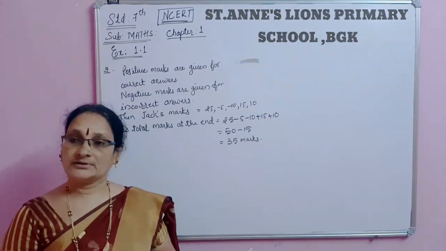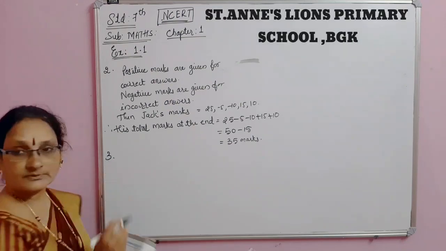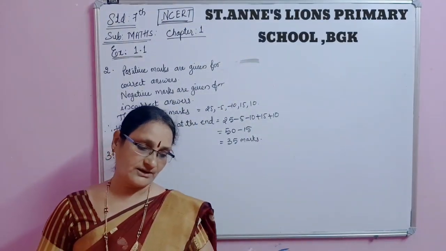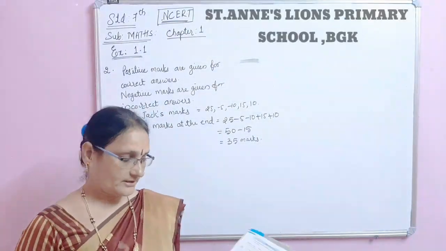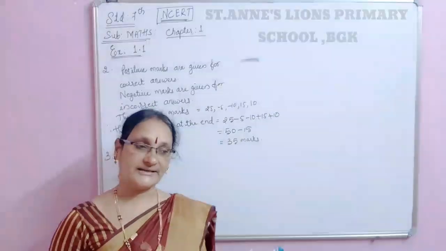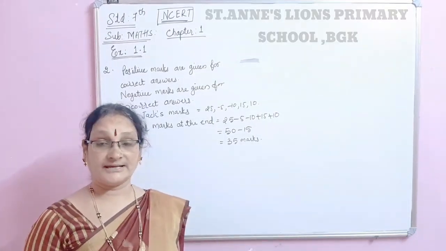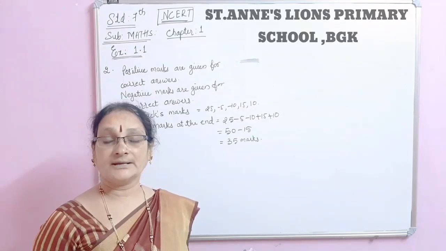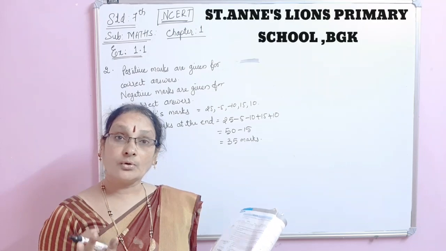Now the third problem. At Srinagar, the temperature was -5 degrees Celsius on Monday. -5 degrees means it is very low. As we go down or negative, the temperature is very low, which means it's very cold.